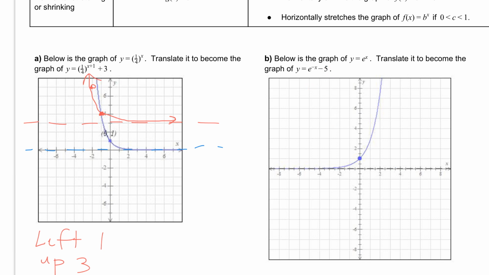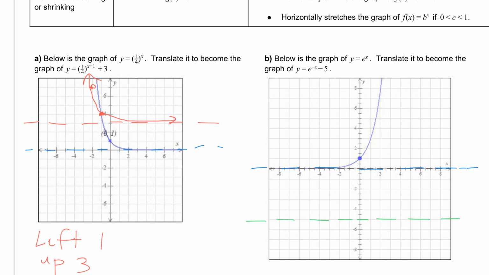So let's once again think about that asymptote. If we reflect that asymptote, this part of my graph reflects over to here, and this part reflects over here. So that reflection does not change the asymptote, but moving it down 5 will. So let's go ahead and move that down 5. We know that our new asymptote is right here.